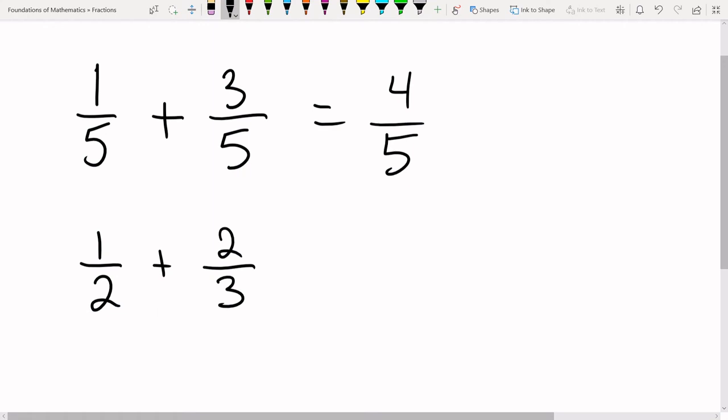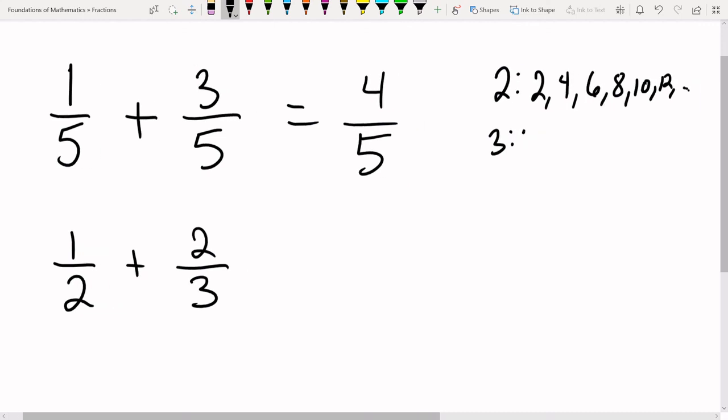So in other words, we're going to look at the multiples of 2. 2 times 1 is 2, 2 times 2 is 4, 2 times 3 is 6, 2 times 4 is 8, 10, 12, and so on. 3 times 1 is 3, 3 times 2 is 6, 3 times 3 is 9, 12, and so on.